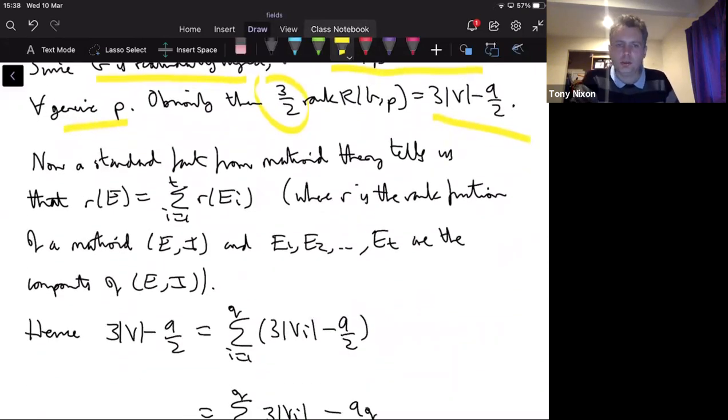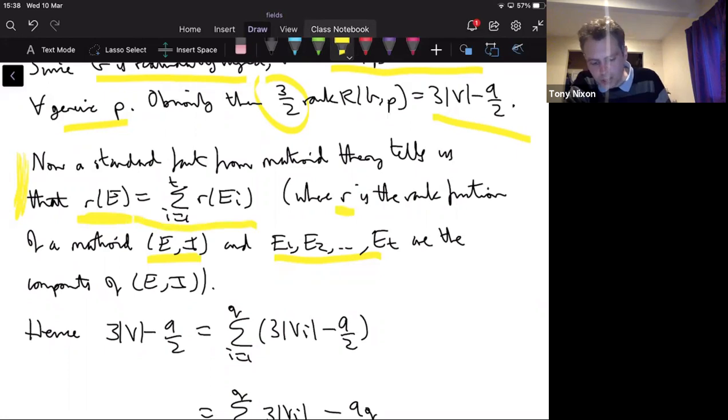I'm going to use a little fact from matroid theory: if you have a matroid M on ground set E with independence condition I, and you take the components of the matroid, like the R2 components E_1 up to E_T, and you take the rank function r of this matroid, then you can express the rank of the matroid as the sum of the ranks of each of the components.